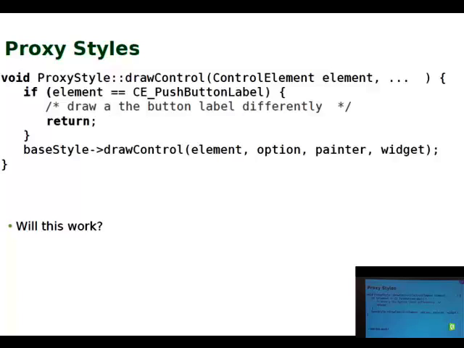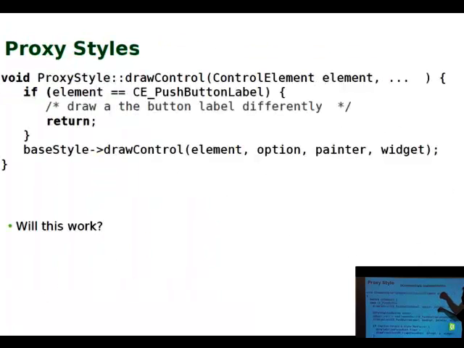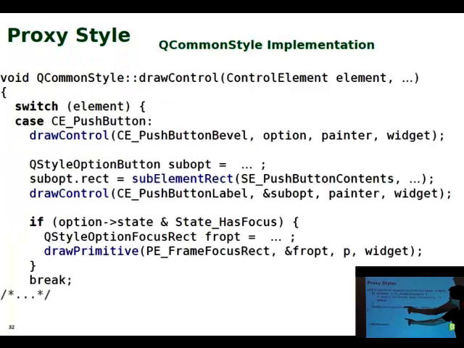So remember that first, if it was a CE_PushButton, then in the previous function we had nothing to do, so we passed it to the base style. The base style will draw, and will then call drawControl with the push button bevel.